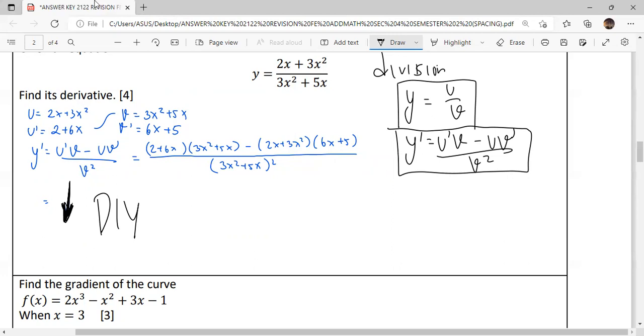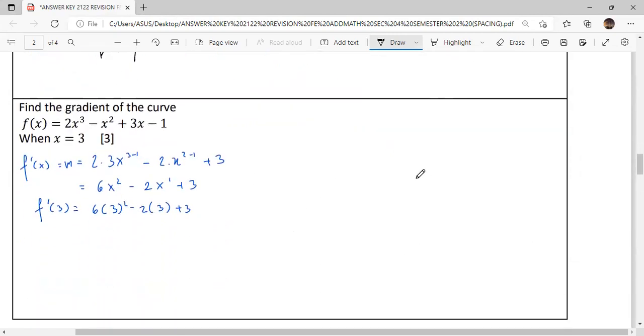lu bikin sendiri. Oke, next, this one, the gradient. Okay, now, what is gradient? Gradient is f' of something you derive, right, or dy dx. I want to find this. Gradient or m is equal to dy dx. I put the formula, see, I put the formula in detail. 2 times 3 going down times x to the power 3 minus 1 minus 2.